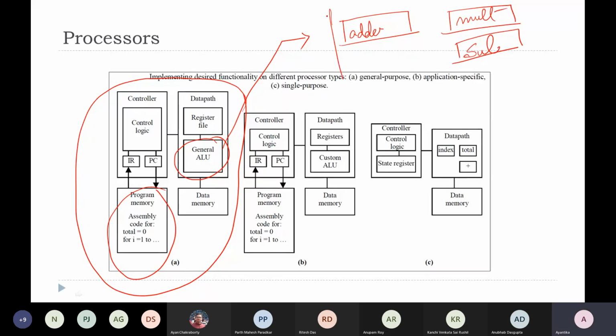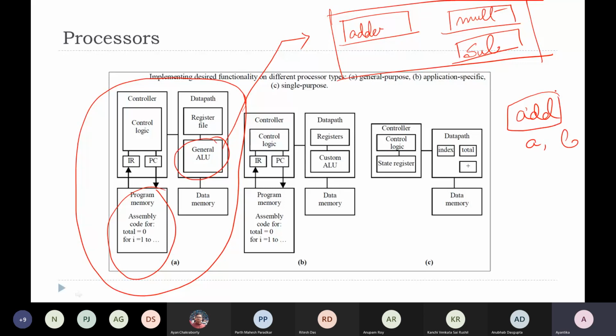So ALU is supporting the modules by which you can actually realize your instructions. That means when you are writing C code, just think: you are writing add A B. Somehow there is some code for add, and with this code your processor understands, okay, now I have to add.